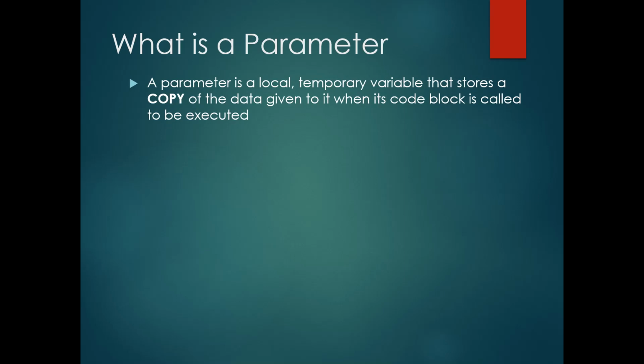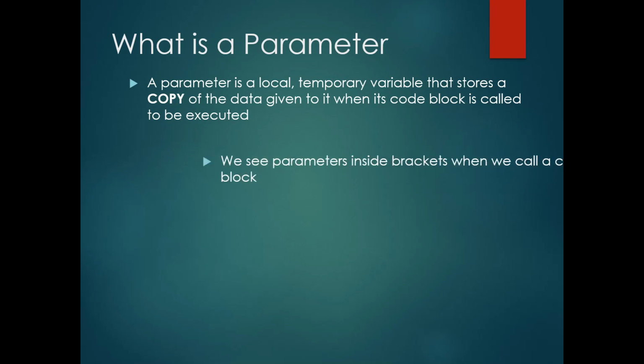When I call println, the text that I send in there, maybe that is actual quotes that says hello world, or maybe that's a variable that says username. It's not username that's stored in the parameter, it's the value of username. So it's going to go over to the memory, grab the current value stored in username, bring it back, copy it, and then put that copy into the println's parameter variable, whatever that variable is called.